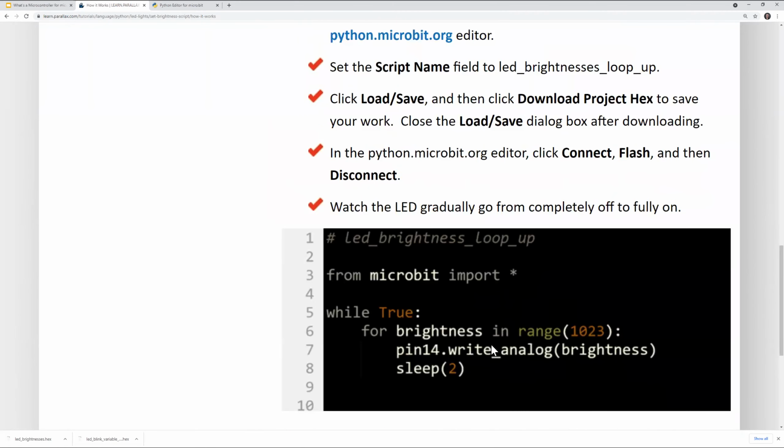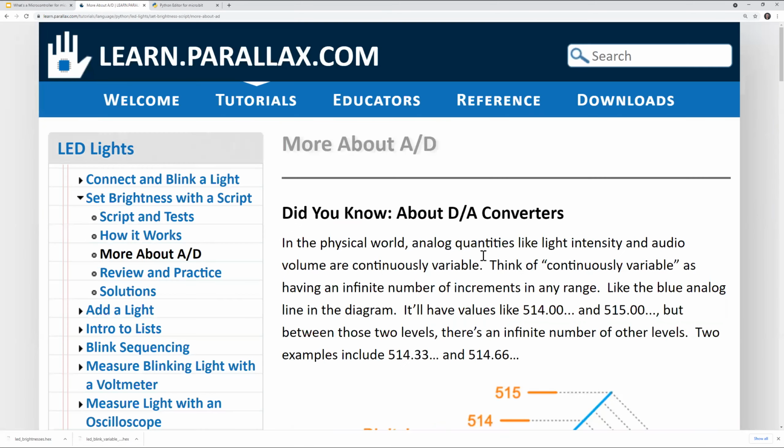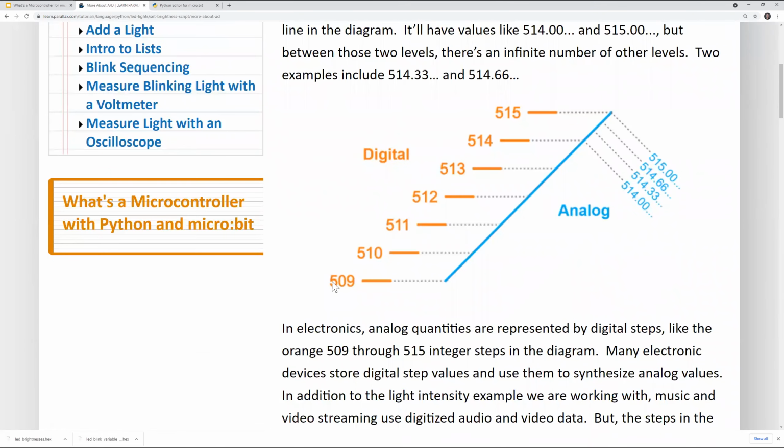Okay, so everybody got to try this? I'm going to take silence as assent. So we talk about D to A converters, because D to A converters are taking integers in this case and giving us a certain level out of it. But if this were analog, if we had a dial we could twist, we might be able to get something more precise.